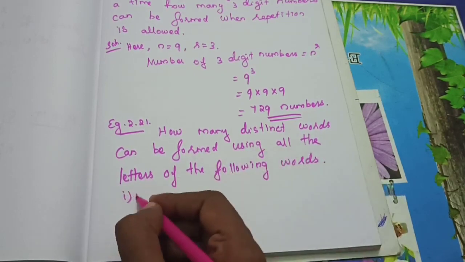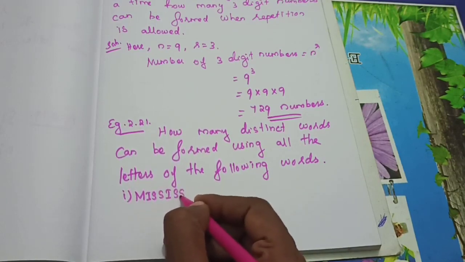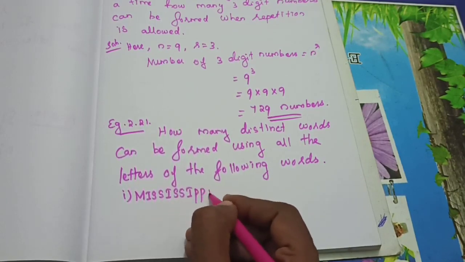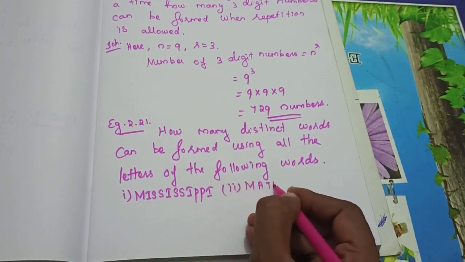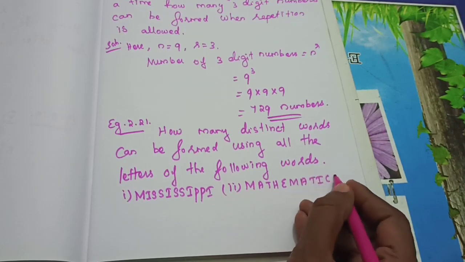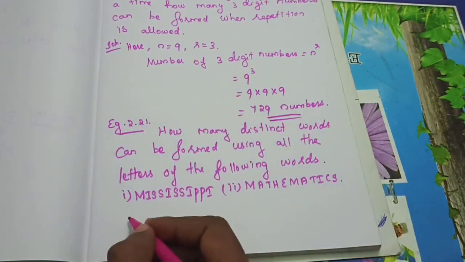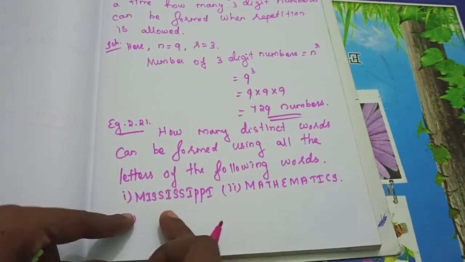What's the first one? Mississippi. Okay. Second one, Mathematics. Okay. First one. How many letters are there in this Mississippi?